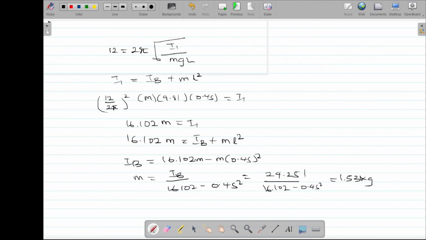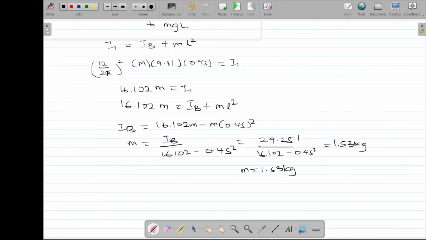So the mass taken out, M, is 1.53 kilogram. And the moment of inertia of the balanced rotor is 24.251.